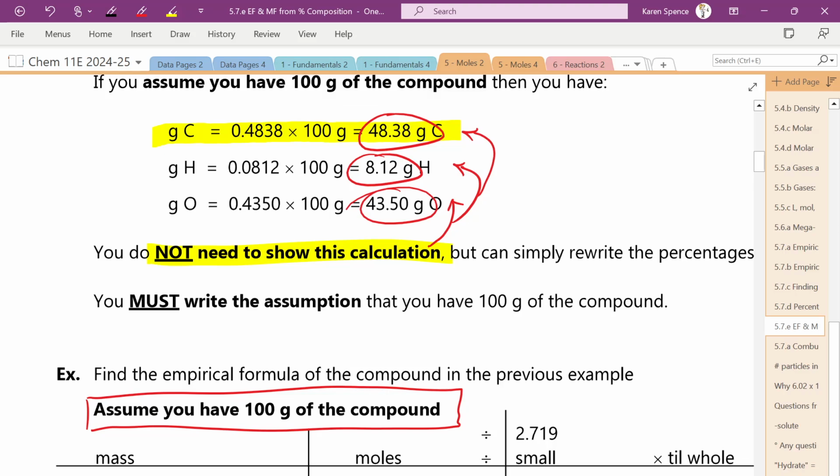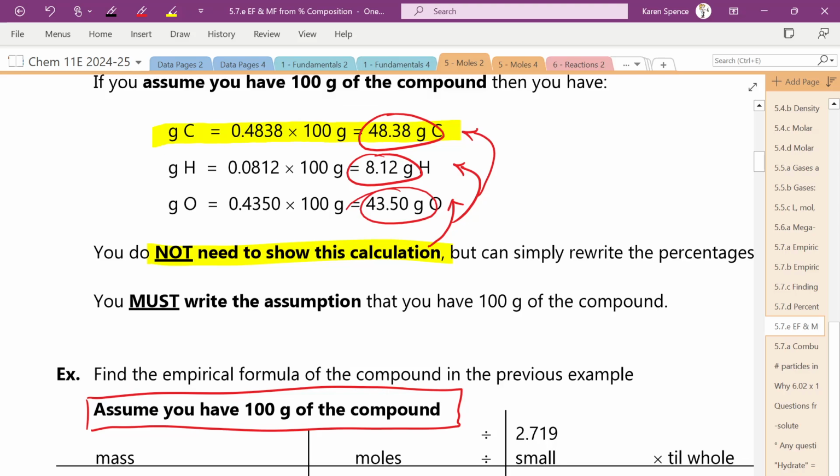So you are telling the person, you're assuming that whoever's looking at your work doesn't know what you're thinking. And so you're telling them, if I have 100 grams, then I have 48.38 grams of carbon, right? And you're not assuming, oh, I have 50 grams, in which case I would have 24.19 grams.